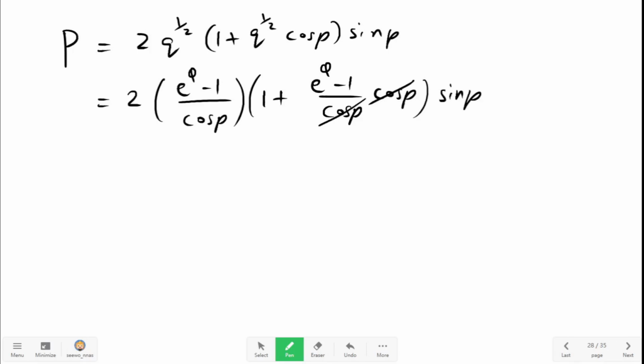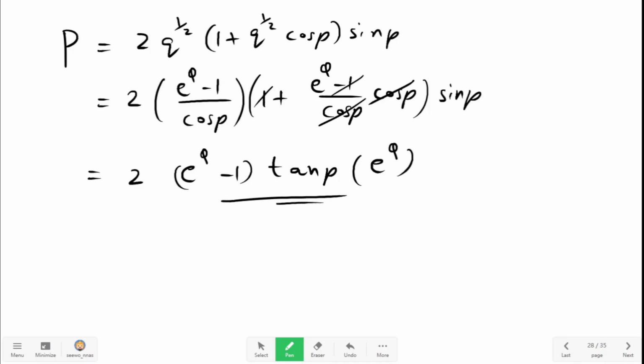Cos p gets cancelled. Sin p divided by cos p is tan p. So we have 2 times e raised to Q minus 1, tan p, times 1 and minus 1 gets cancelled, e raised to Q. This is capital P.